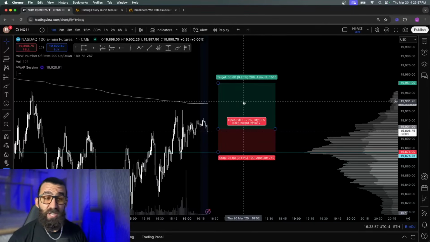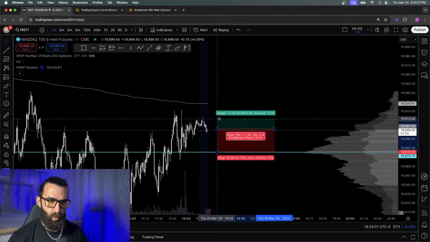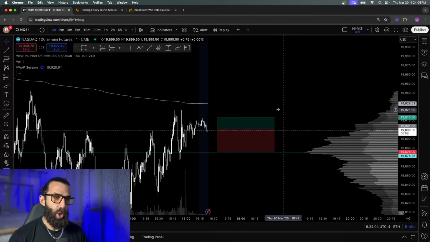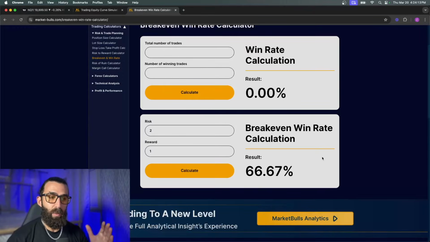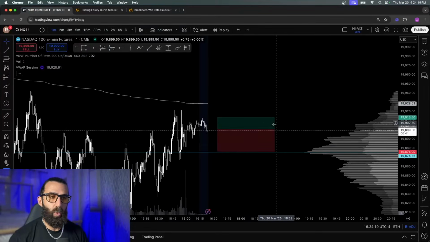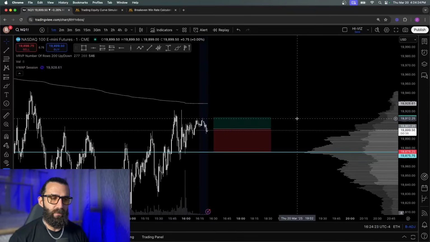The same way that if we ran a negative risk to reward in random market conditions, we would end up with a break even at 66.67%. That would be our win rate over the course of a large sample size, and we would end up not making or losing money. The reason being is that risk to reward in itself does not provide any inherent edge.